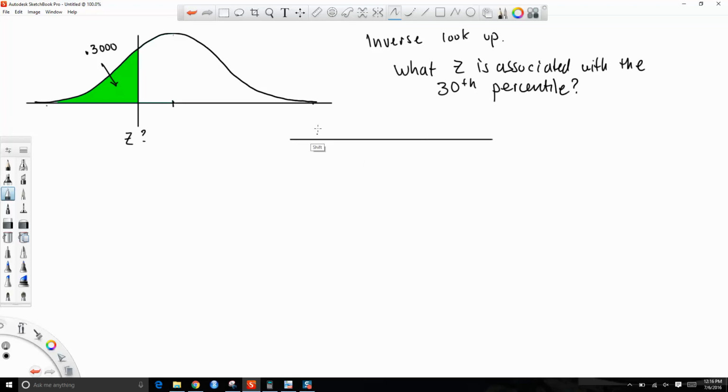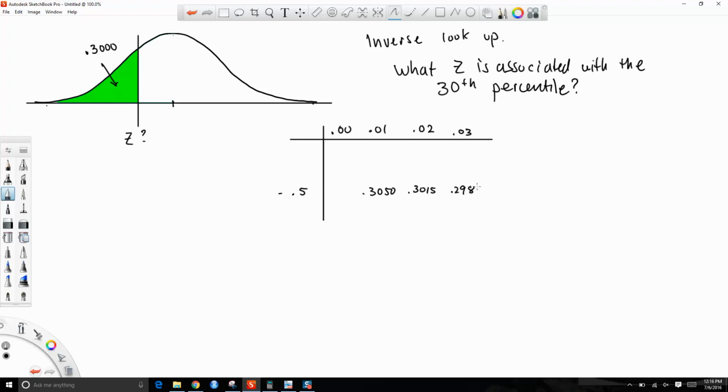So you're looking in your table, and you look at negative 0.5 and you have some values that are very close, right? You have 0.3050, 0.3015, 0.2981.